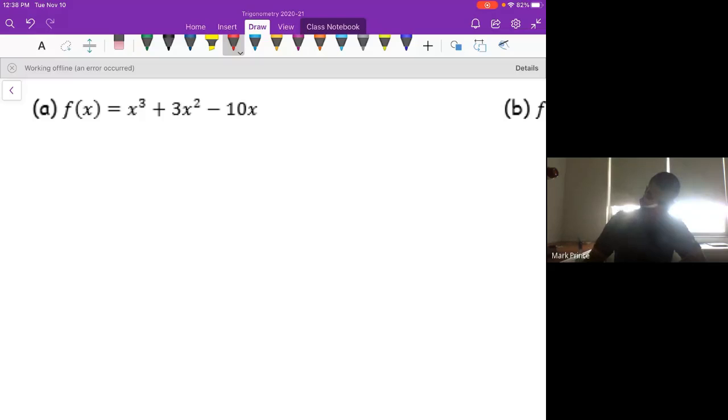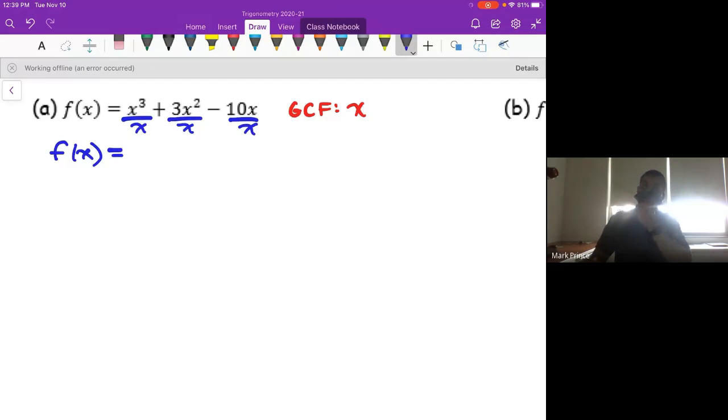So my greatest common factor here would be x. So I'm going to factor x out. It's basically dividing by x for each of these terms. Then I have x on the outside, and we get x squared plus 3x minus 10.